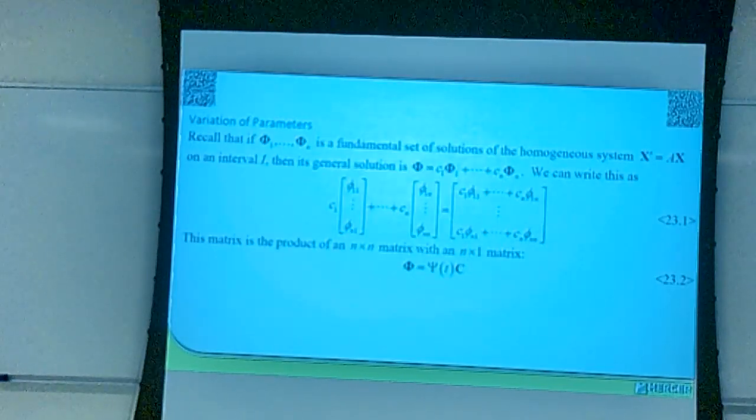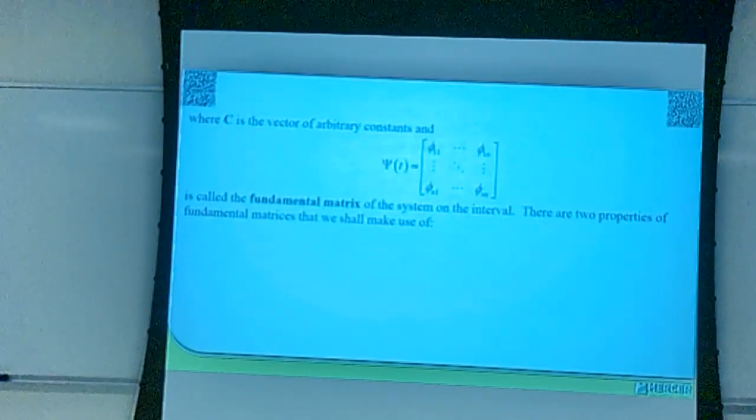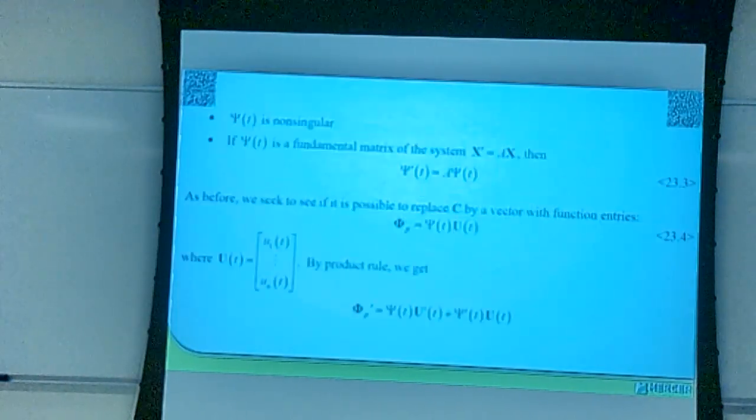Each column is one of your independent solutions. So column 1 would be x1, column 2 would be x2, column 3, x3, and so on and so forth. That is your fundamental matrix of the system. There are two properties that we make use of. It's non-singular. And since it's a fundamental matrix, psi prime is equal to A times psi.